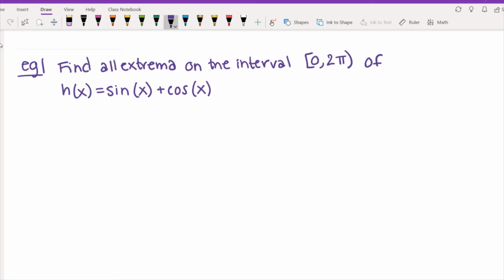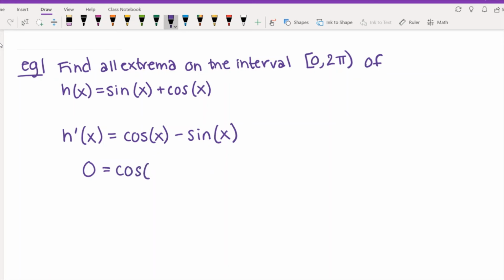Okay, so just like with the other stuff, we want to start by taking the derivative. So the derivative is going to be cosine of x minus sine of x. So we want to set that equal to 0. And from here, there's a couple ways that you could solve it.